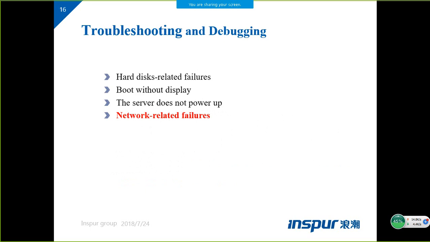And about the network related failures, actually this one is the most complex issue because network means not only the network interface of the Inspur server, it also means the network cables, the switch, and maybe the DHCP server.